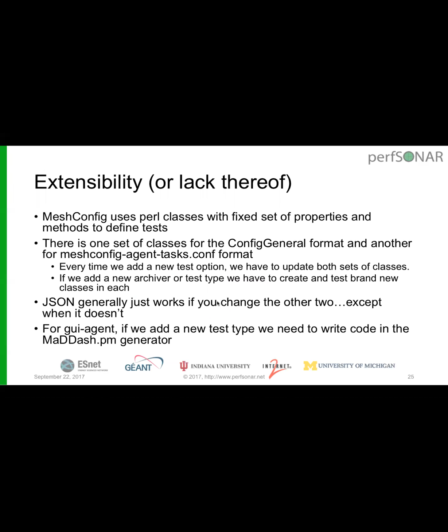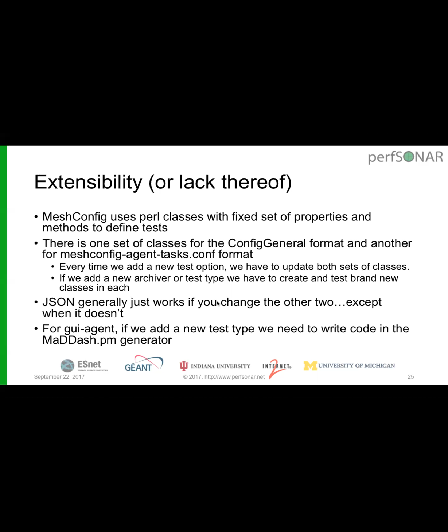There's also an issue of extensibility that I alluded to earlier. The mesh config basically uses all these Perl classes and has a fixed set of properties. What that means is if we add the SNMP plugin that Mark was talking about, we have to write a bunch of code to get the mesh config to support the SNMP plugin, even though pScheduler just drops it right in, and even on the MaDDash side, it has all the constructs necessary if you wanted to check SNMP data.